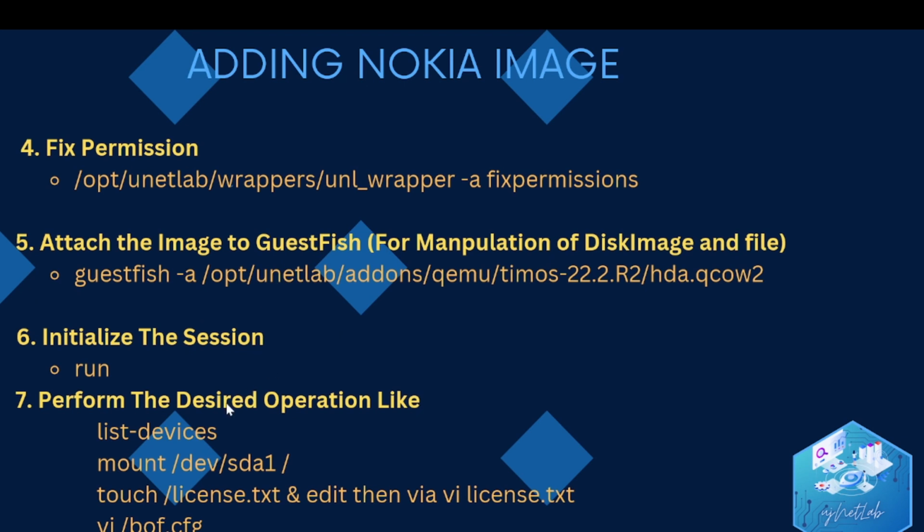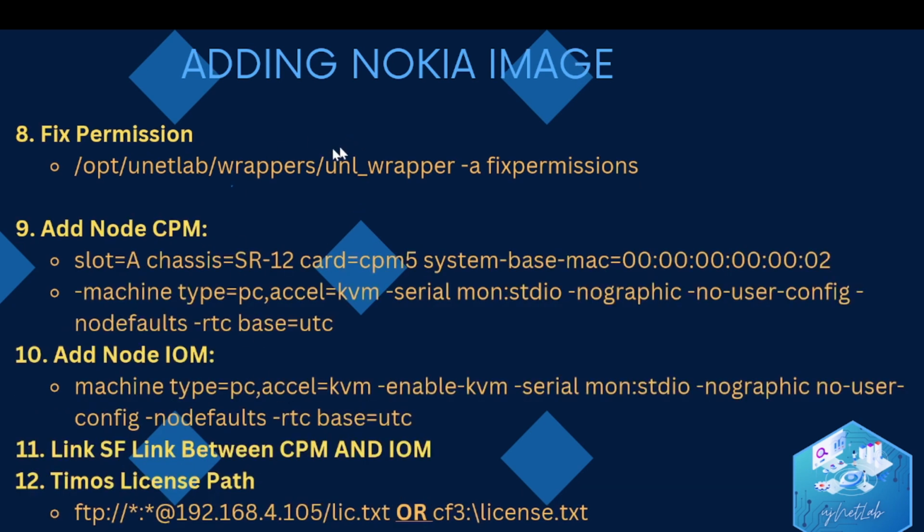Once it is done, we change the license and the BOF CFG file. This was optional. We can do it after the boot also, but we did it just for demonstration purposes. Then we fix the permission. We add the CPM, this line and this thing.